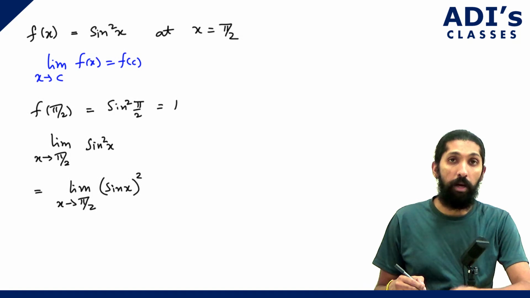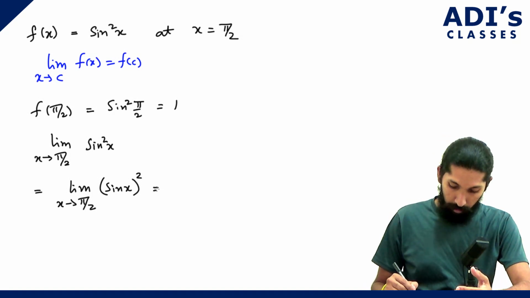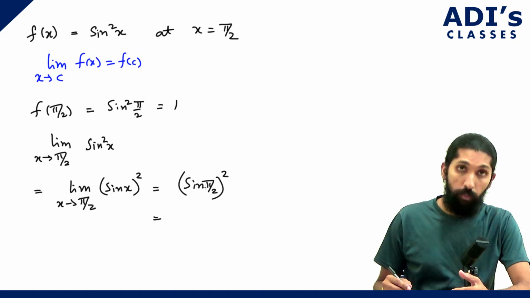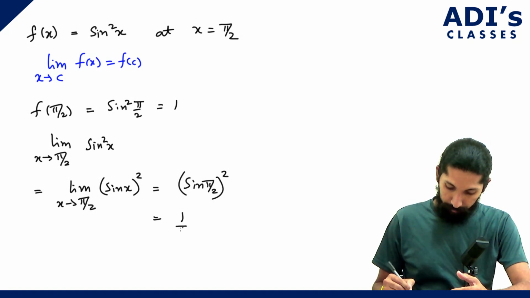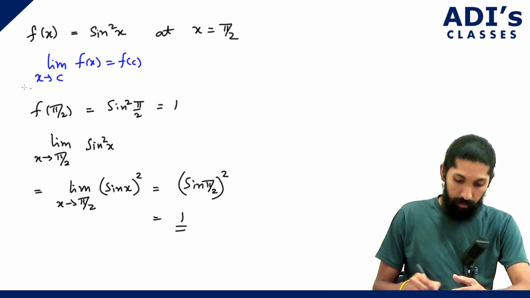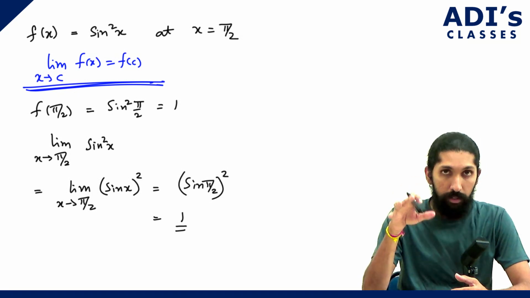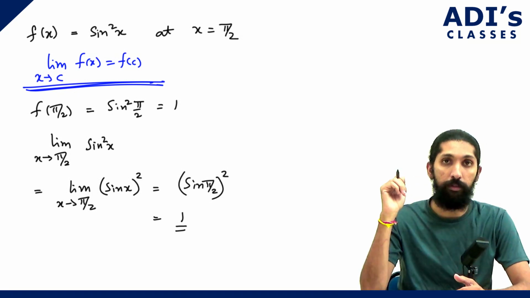You might as well just apply the value, and then this is going to be sine pi by 2 whole square. Sine pi by 2 is 1, 1 square is 1. So what did we prove? Here we proved this particular condition, isn't it? Limit as x tending to c, f of x is equal to f of c.